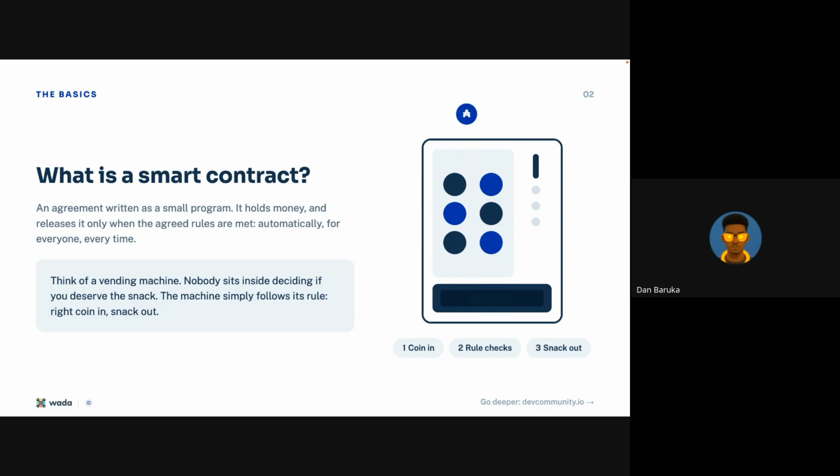I just want to understand if some people have used it somewhere in a DApp, or if you don't know, you can say, okay, maybe I don't know, but I've used this DApp, I think it uses smart contract. So no wrong answer. You can say yes or no. Even reacting yes or no, using emojis, so I know how many people have used smart contracts.